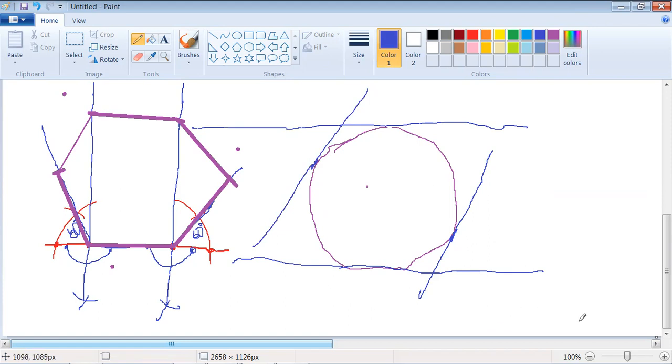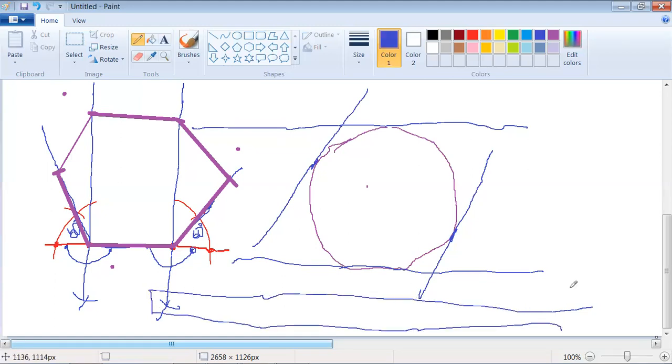All right, this is the t-square below the drawing. The set square is on top, like this. Right?